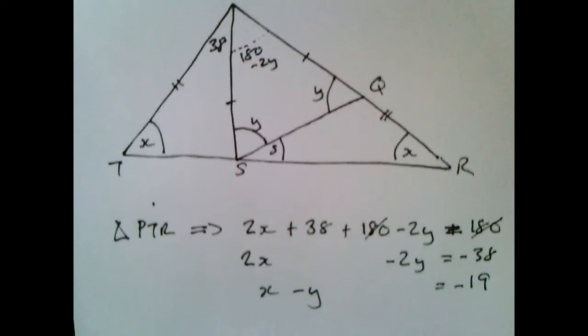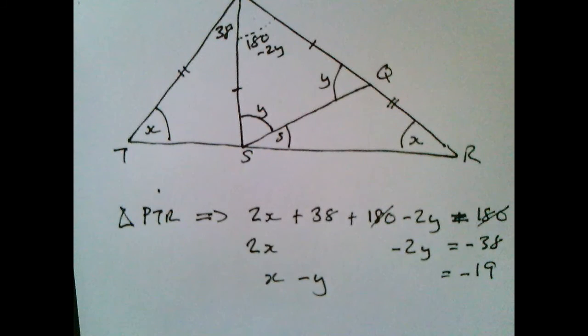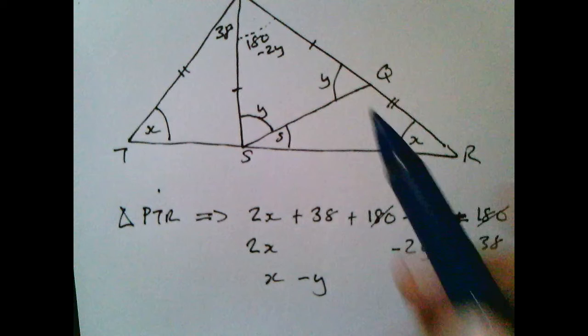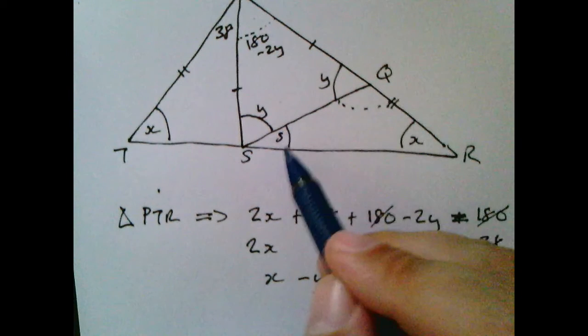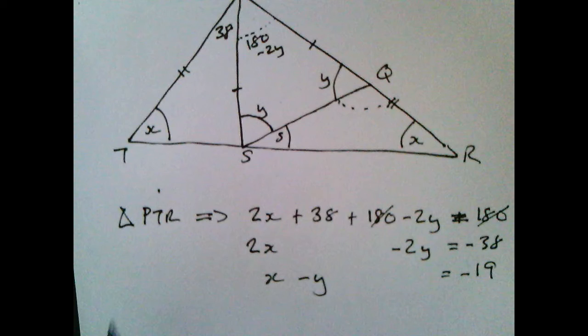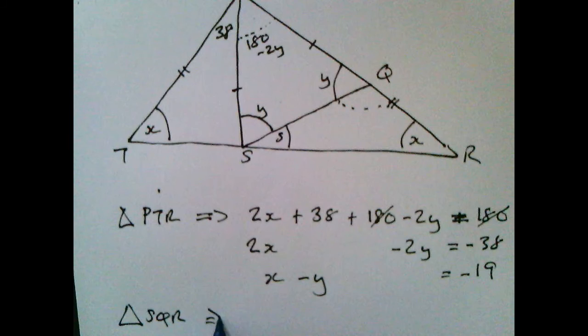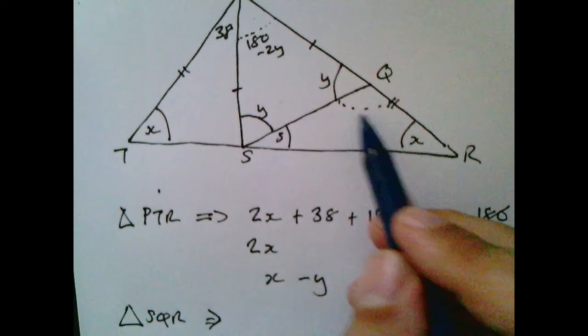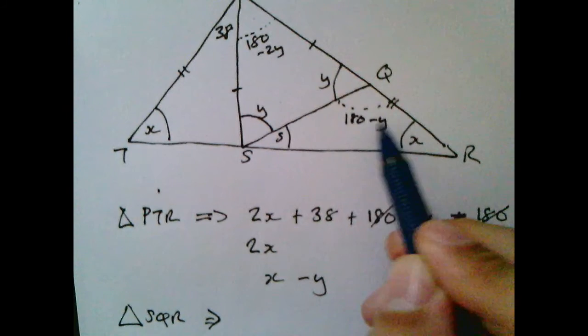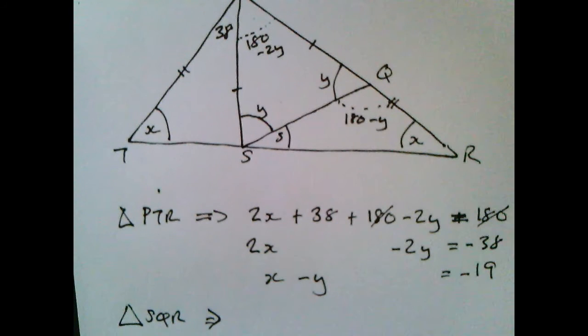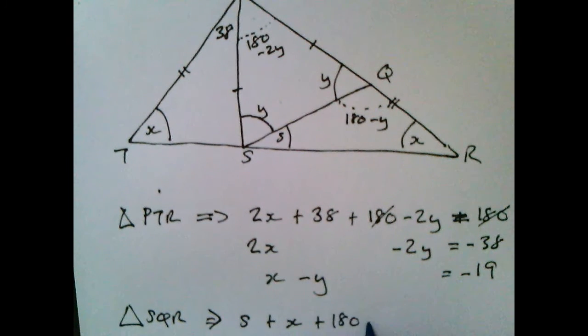If we look again at, let's try this one, SQR, that's got the angle we want in it. This angle here is 180 minus y, because that's a straight line. So what we can say is S plus x plus 180 minus y is 180.